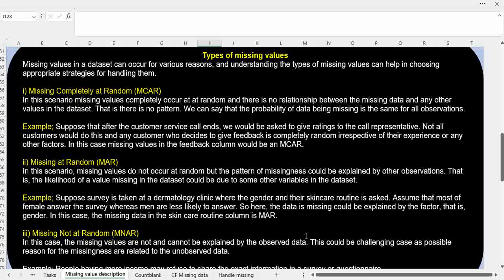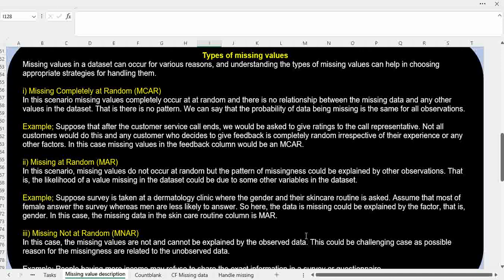Assuming that you are asked about your salary, and maybe there is a relationship between salary and gender, and there is one gender which responds to the salary question, and maybe another gender which doesn't want to respond.